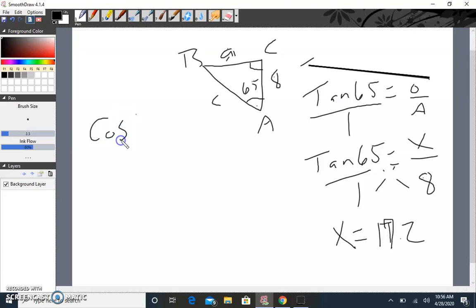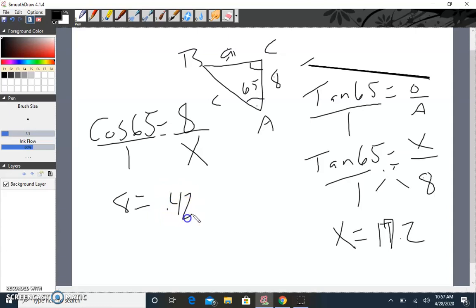So we have cosine of 65 equals our adjacent, which is 8, over our hypotenuse, which is x, and we don't know what it is. Same thing, make it a fraction, and now we have a ratio. We are going to cross multiply. Cross multiply, we get 8 equals cosine of 65 times x. If you don't know, you have to use your calculator. Type in cosine of 65, and it is 0.42218 times x.